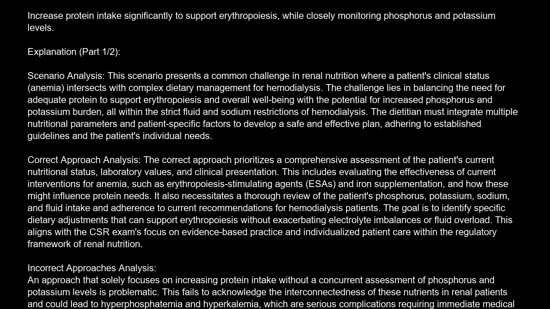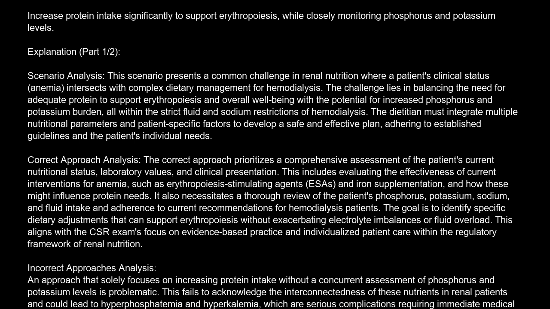Correct approach analysis. The correct approach prioritizes a comprehensive assessment of the patient's current nutritional status, laboratory values, and clinical presentation. This includes evaluating the effectiveness of current interventions for anemia, such as erythropoiesis-stimulating agents, ESA, and iron supplementation, and how these might influence protein needs.